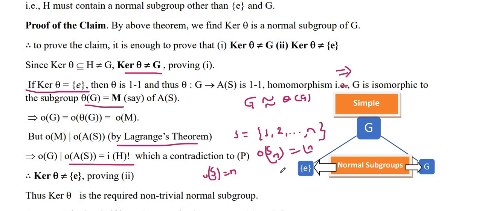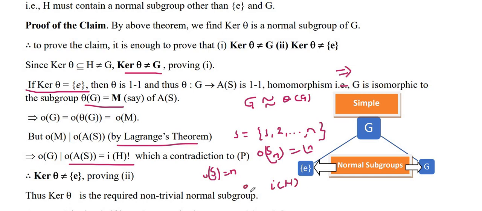This result is known to us already. So here S is nothing but the collection of all right cosets, and the number of distinct right cosets is nothing but the index. So S has I(H) elements.